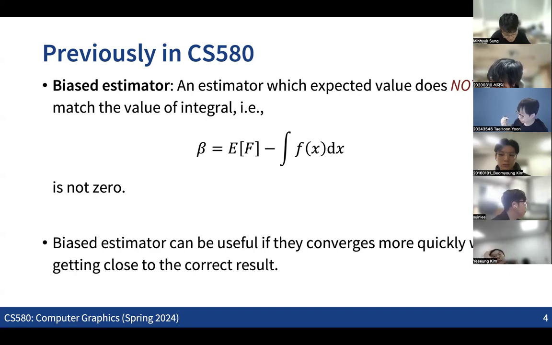In practice, obviously, if we can have an unbiased estimator, it's always good. But in some special cases, when we can define a biased estimator which converges much faster than the unbiased one, we can consider using it. So this was one key thing.